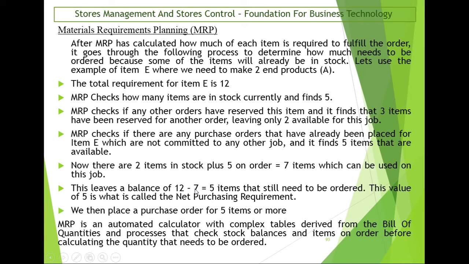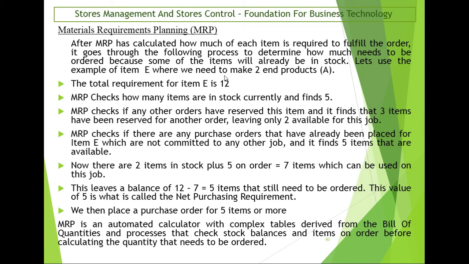So 12 minus 7, we end up with 5 items that still need to be ordered. So this value of 5 is what we call the net purchasing requirement. So from an initial requirement of 12, we have looked around, we have seen we already have some materials available.